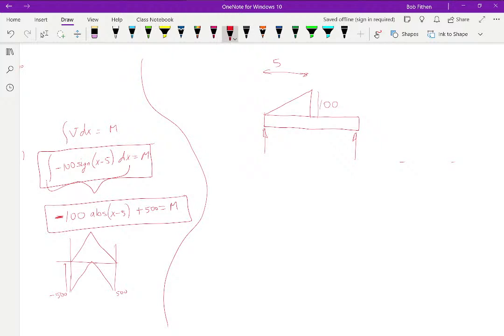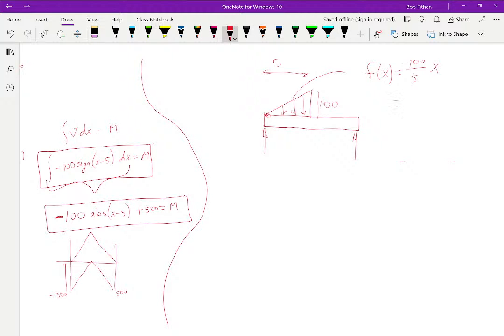So if I were to look at this as a function, f of x, it would start at 0 and would have a slope of the rise over the run, or actually, since it's being pushed down, minus 100 over 5, times x.